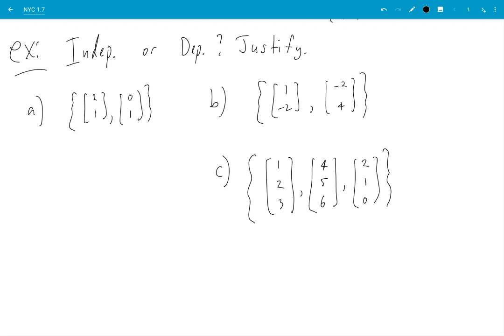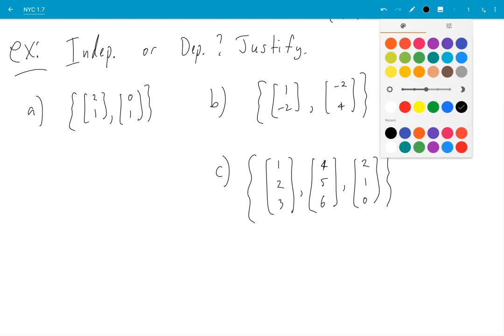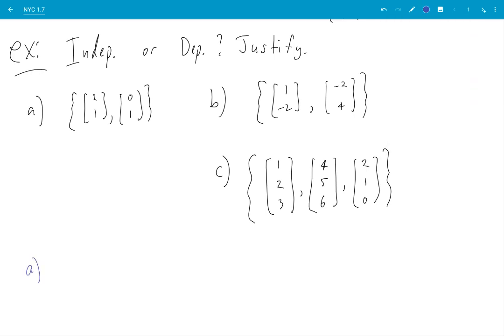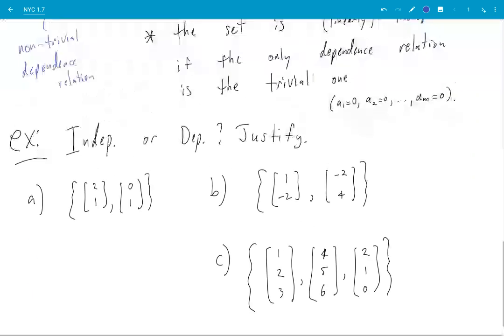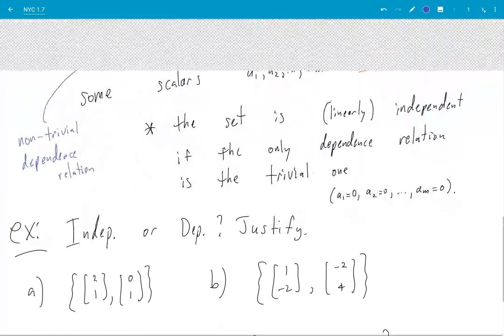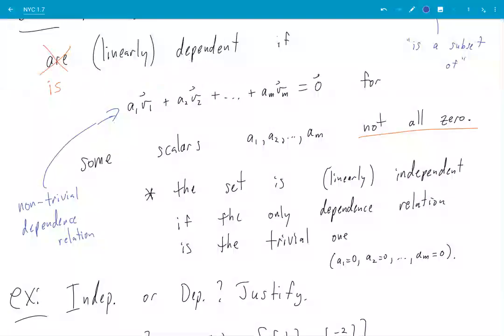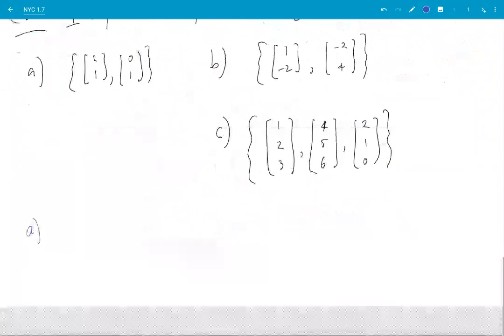So independent or dependent. A. What does it mean to be dependent? It means that I can find a non-trivial dependence relation. So I'm going to try to find one and see what happens.